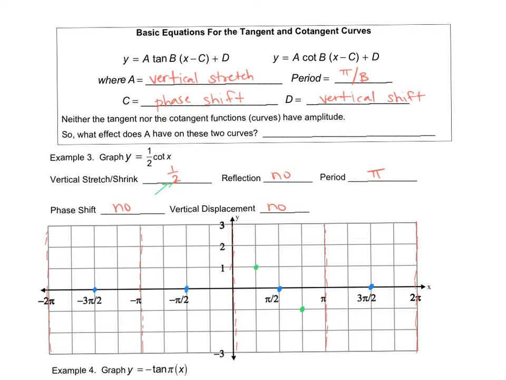So once I take the cotangent of x, I have to then multiply by 1/2, which means that these points are actually now here. All right, so when I draw my curves, they're a little bit flatter when I'm closer to that x-axis. Okay, and so again, this would repeat every period like so.